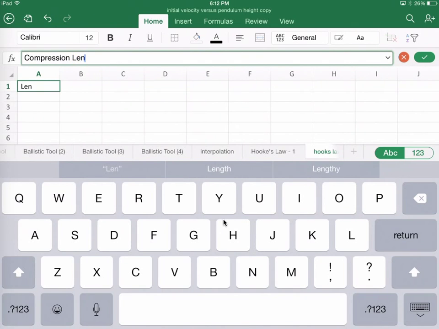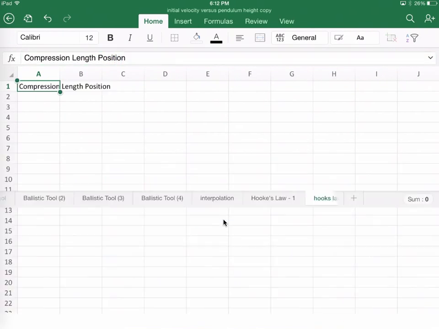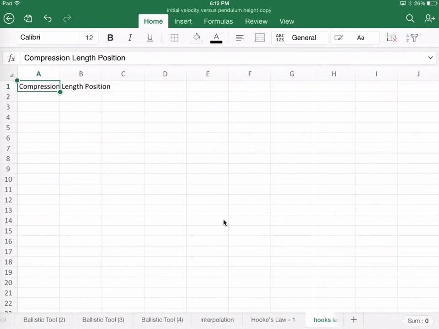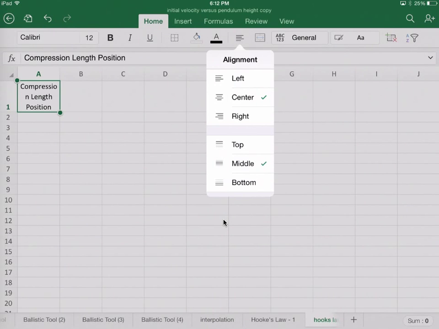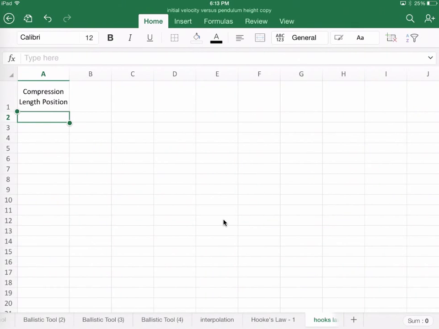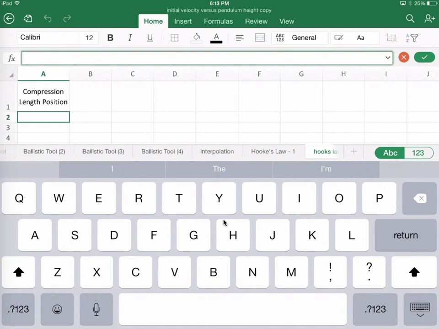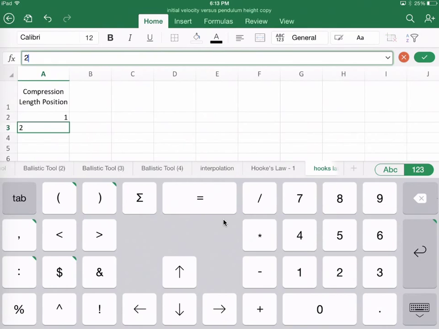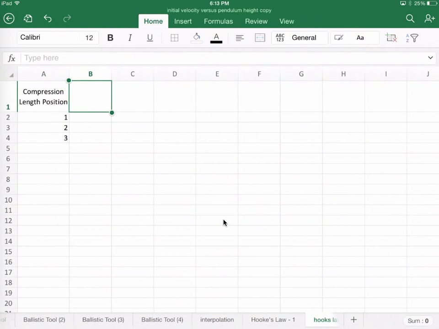I should say compression length position or compression length number, but position will do, I think that's formal enough. Let's wrap that, center and middle it, and expand this so it's legible. We have compression length 1, 2, and 3.